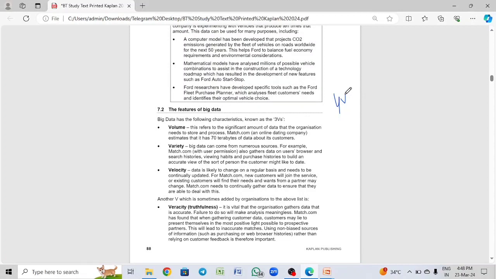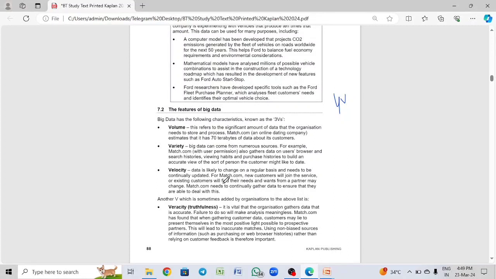Now what is volume? Volume is the amount of data being stored in big data. Variety is the kind of information being stored. It comes from numerous sources and numerous types. It can be qualitative, quantitative, discrete, continuous, primary, secondary, all sorts of data.